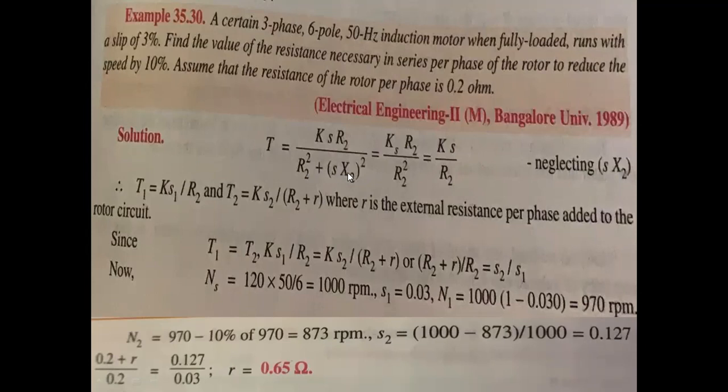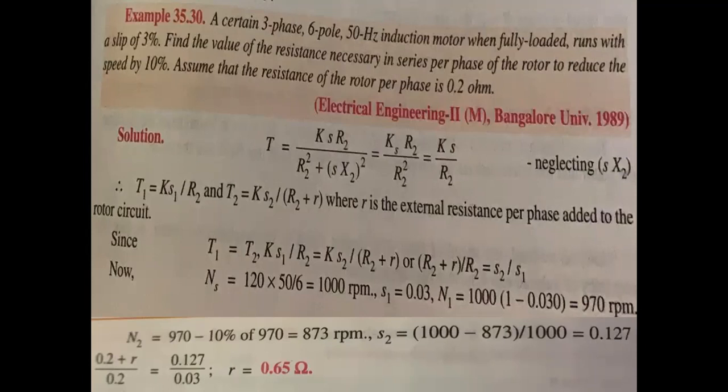So T1 is K S1 by R2, and T2 is K S2 by R2 plus R, where R is the external resistance per phase added to the rotor circuit.